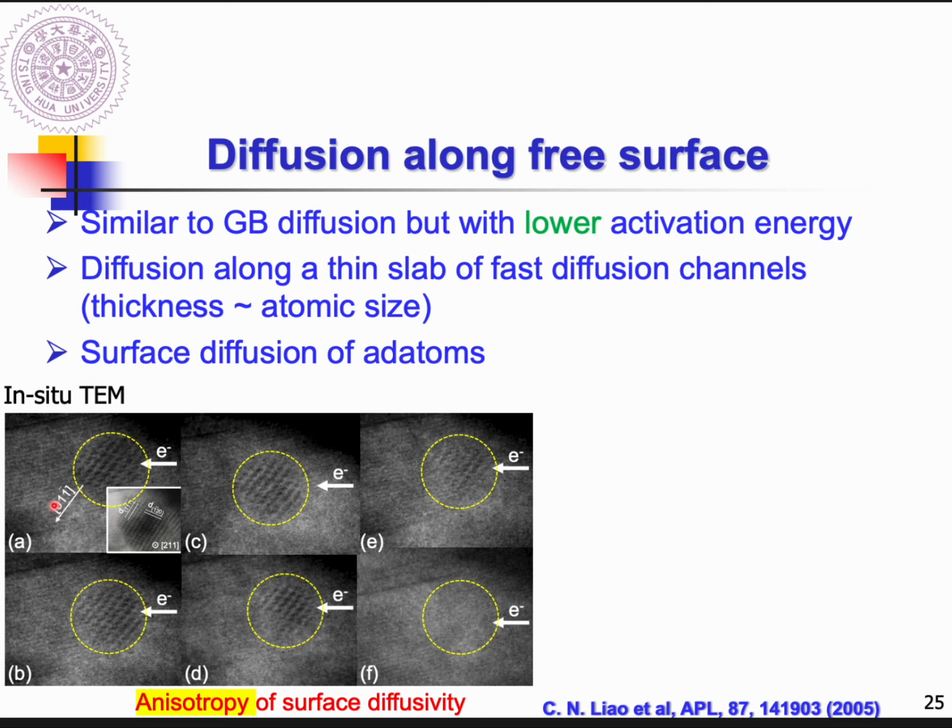He put these settings inside a TEM, in situ TEM, hoping to observe the atomic migration while applying the current. You can observe the fringes here, so we can identify there's a grain here, and the direction here is 0, 1, 1 bar.